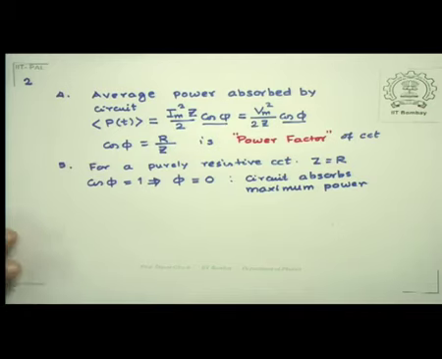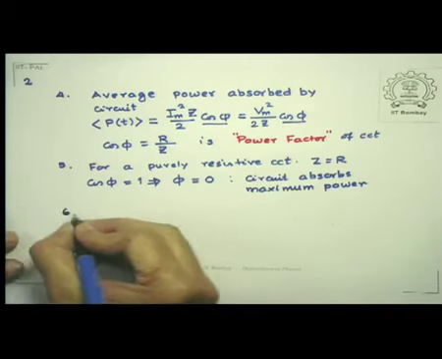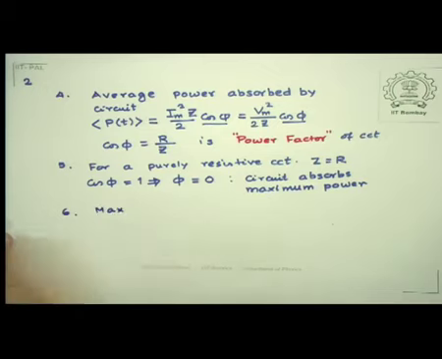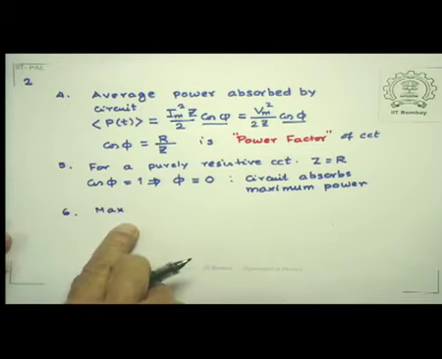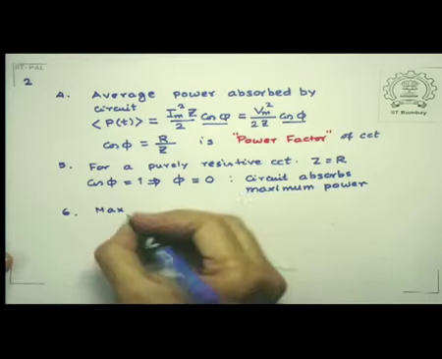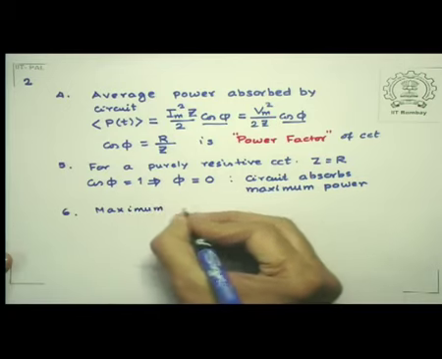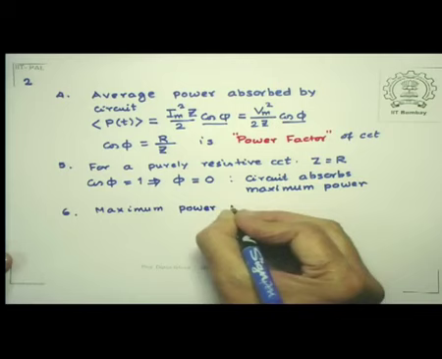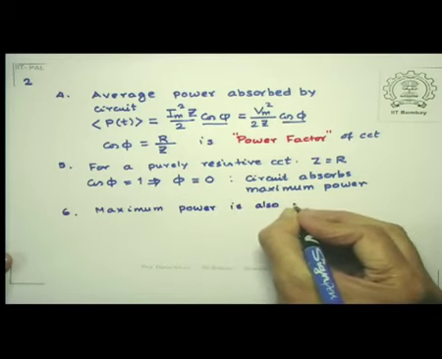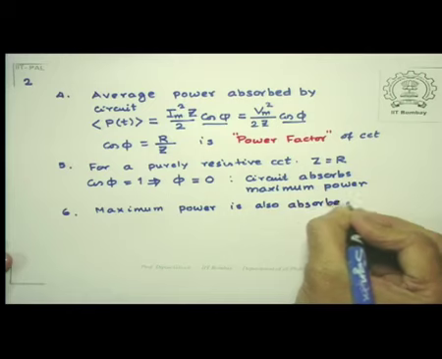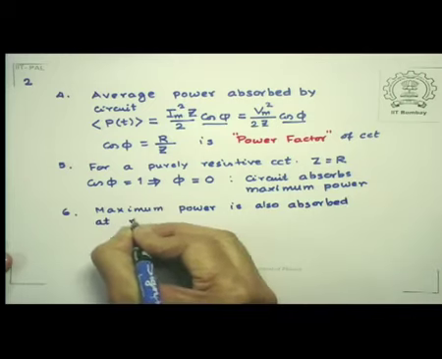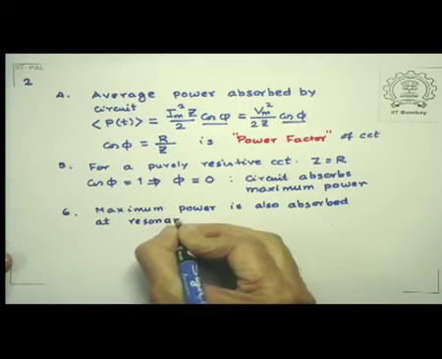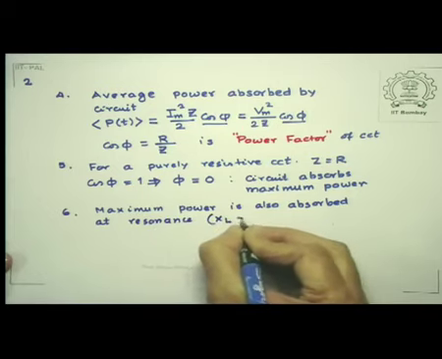Maximum power also is absorbed when we have a resonance. And the reason is that if you look at the expression for Z, then you realize that when XL equal to XC, my impedance is also equal to R. So maximum power is also absorbed at resonant frequency, which is of course when XL is equal to XC.